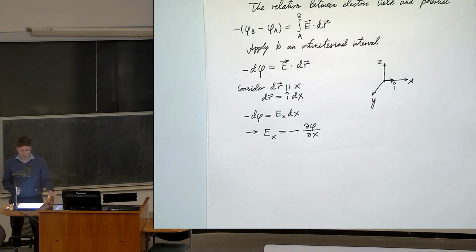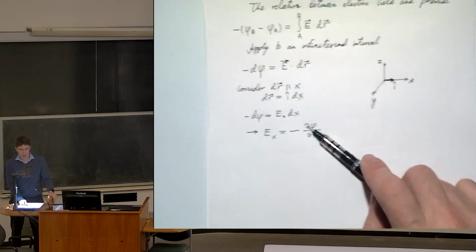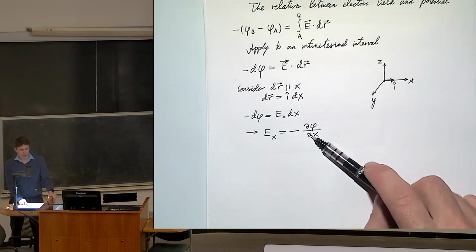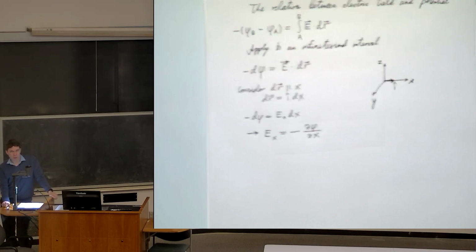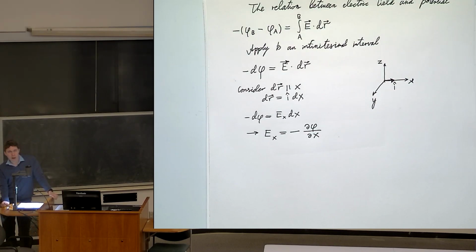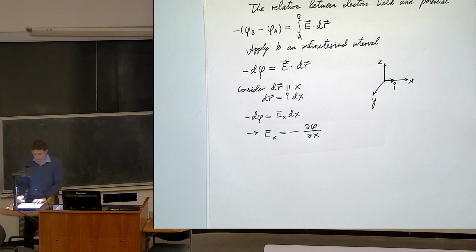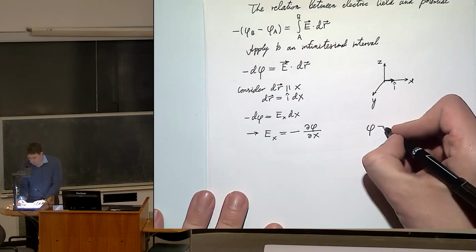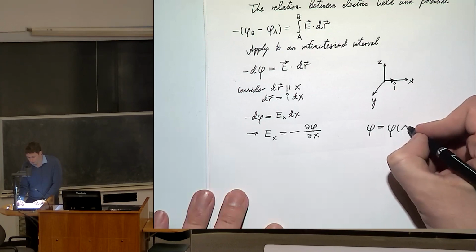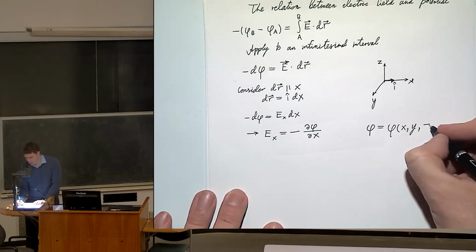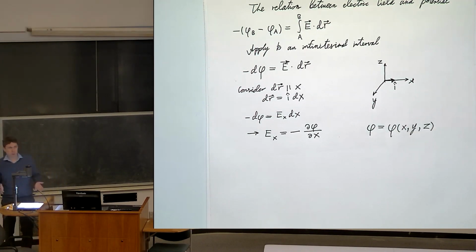Now, this notation, which I call d, is called partial derivative, and it may or may not look familiar, depending on the prerequisite material. If it's not familiar, it's a very simple notion. The electric potential phi depends on three variables, x, y, z, on three coordinates.